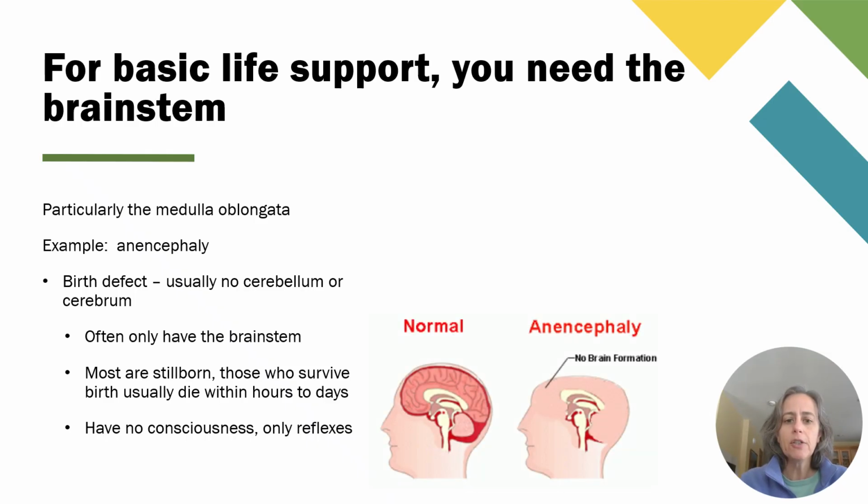And they often don't develop anything other than the brainstem, although you can see in this illustration here, we also see a diencephalon. Now, what's interesting is if you don't have the cerebellum, if you don't have those upper proper brain structures, you don't have any consciousness, you don't have any intentional movement, you only have reflexes.